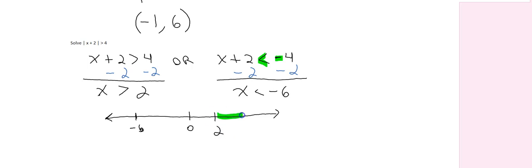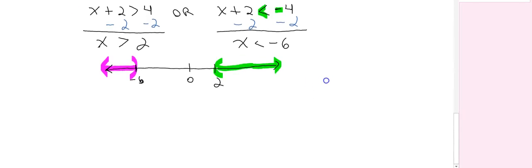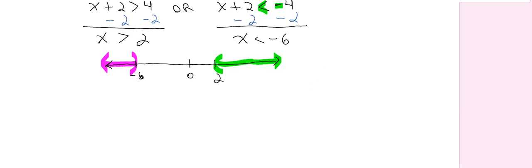So in here I go in the greater direction, and since it's greater than, that means I have a parenthesis. The other inequality says x is less than -6. So less is in this direction, and it's also less than, so that means that we have a parenthesis in that direction. Now, the last thing for us to do is to write it in interval notation.